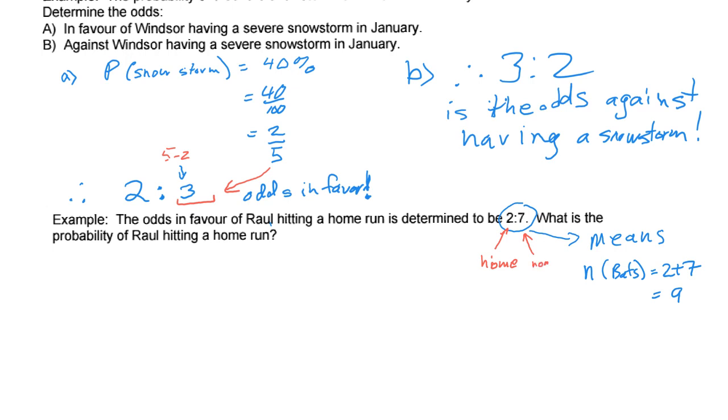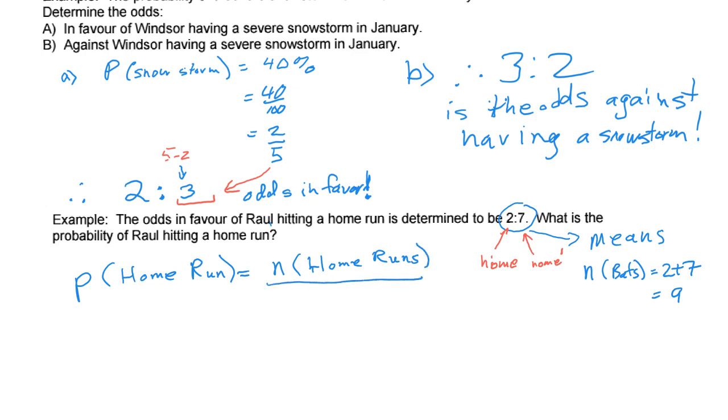So if I want the probability of a home run, we have to take the number of possibilities of home runs and divide that by all the hits, all the at-bats.